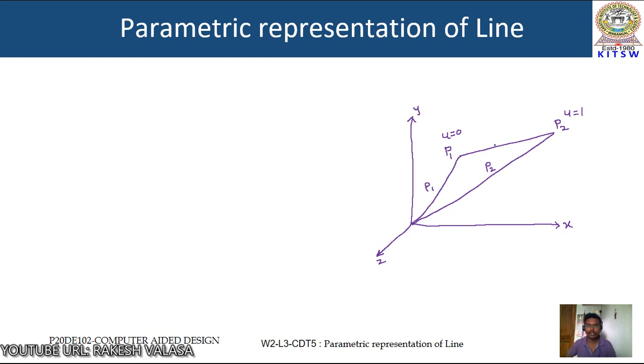Now I take one more point on the P1 P2 line; let us assume this is the point P. This position vector is P. We don't know the P value. This P must lie between the parameter values 0 and 1.